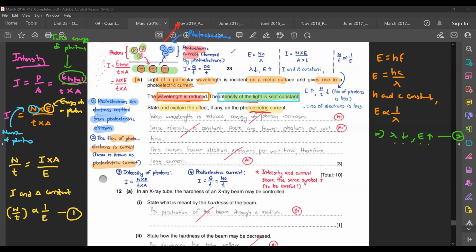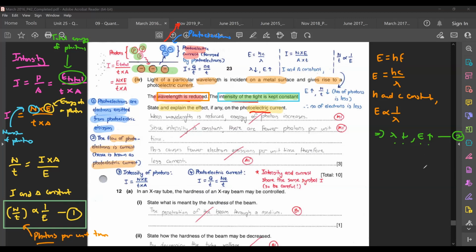So now if you look at the first relation that you derived, N over t, this one I think I better write it now. This is photons per unit time, not electrons. Photons per unit time.